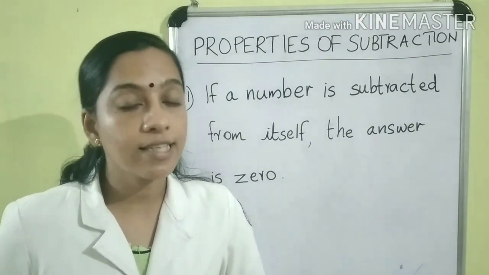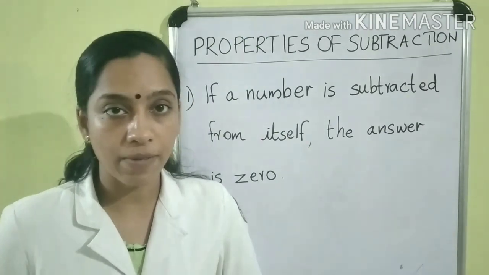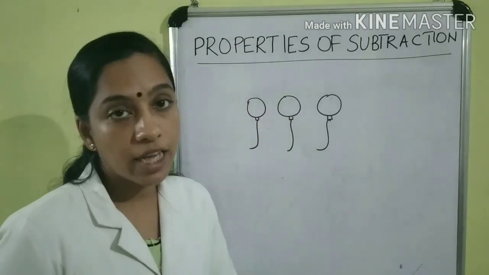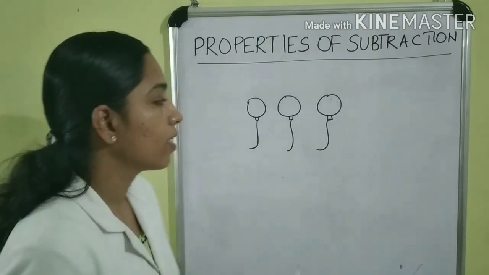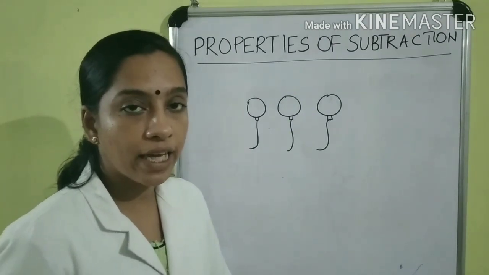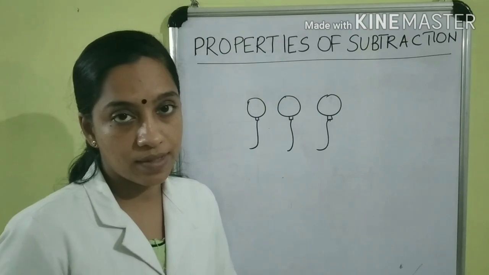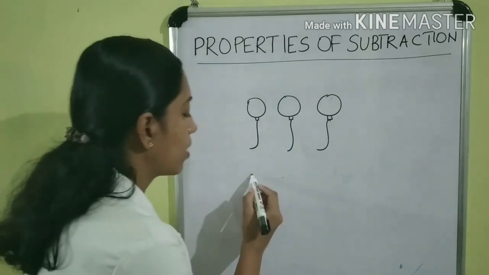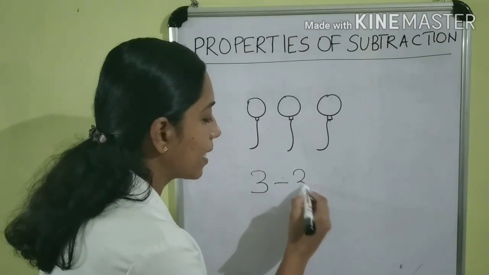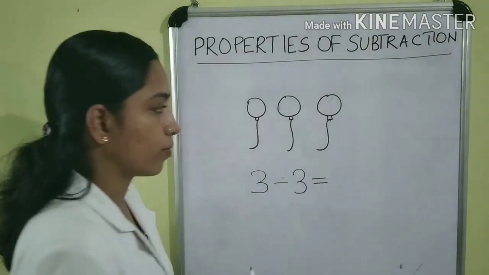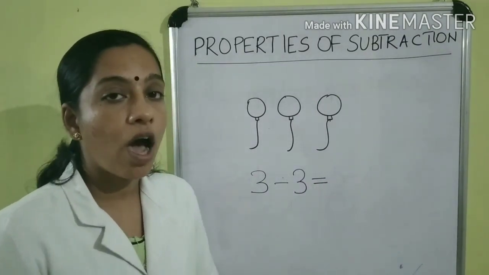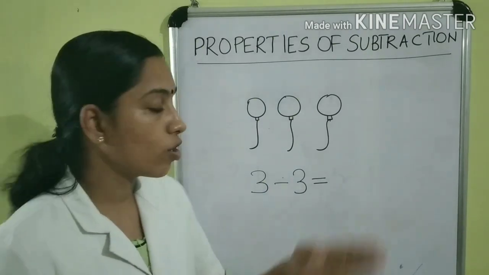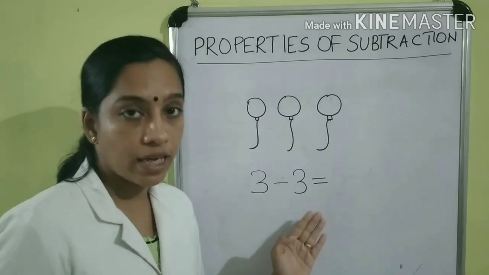Okay. So let us understand this with more examples. See children, here you can see 3 balloons, isn't it? Then I am going to take away 3 balloons from this. We know take away means subtraction. That is 3 minus 3 is equal to. We know how to subtract numbers by crossing out. So here we have to subtract 3.